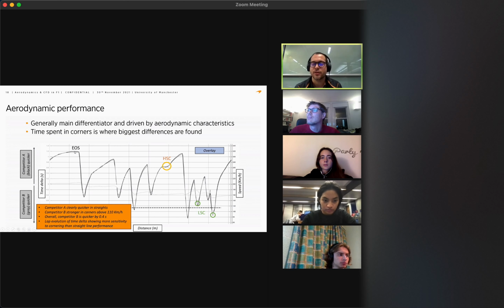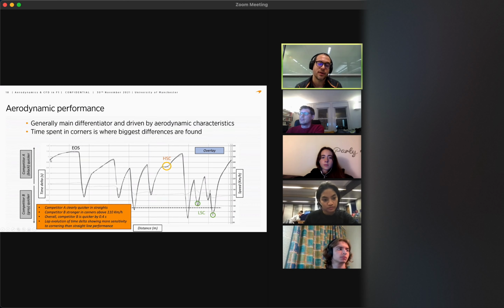Let's call it competitor A and competitor B. And you also have a third axis on the left-hand side, which shows you the delta between the 2 cars. And so if we go through the different stages, here you have a straight line.